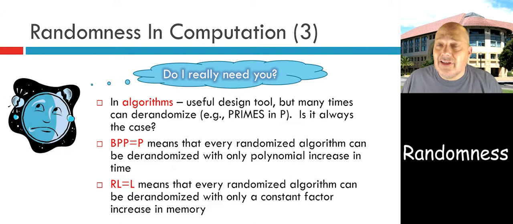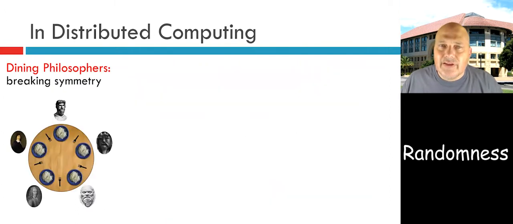So perhaps a randomized algorithm that uses 10n memory can be de-randomized, and now it will use 100n memory. And in fact, we believe that both of those are true. And this is where derandomization, where pseudorandomness comes into play. We won't discuss it much. So let's start by giving some examples about the power of randomness.